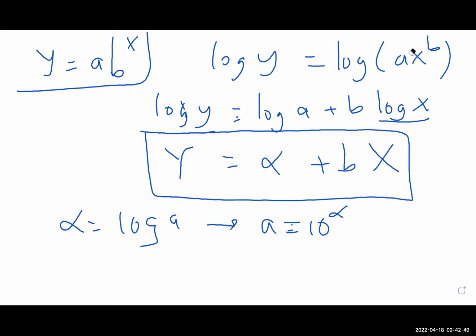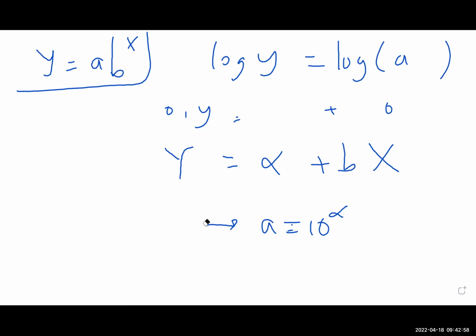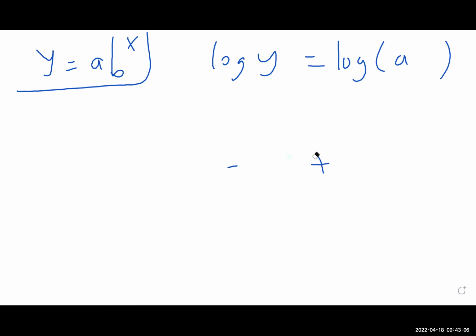Of course, we will change this. Let me delete this part. So you have a new model here, which is b exponent x.